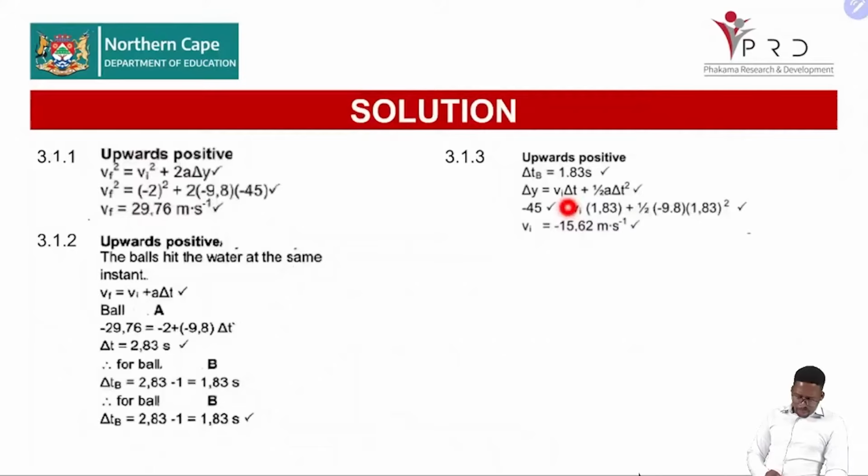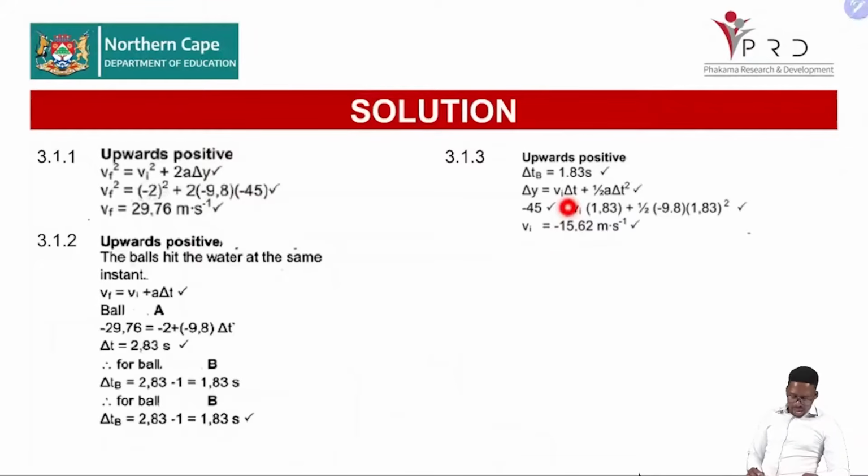Then, an option that a learner can choose is this one. If we are saying up as positive, Vf squared is equal to Vi squared plus 2a change in y. We want the speed as it hits the water, which is the final velocity. So Vf squared is equal to Vi squared. Remember, this ball was thrown down, so the initial velocity becomes minus 2. Don't forget to square it.